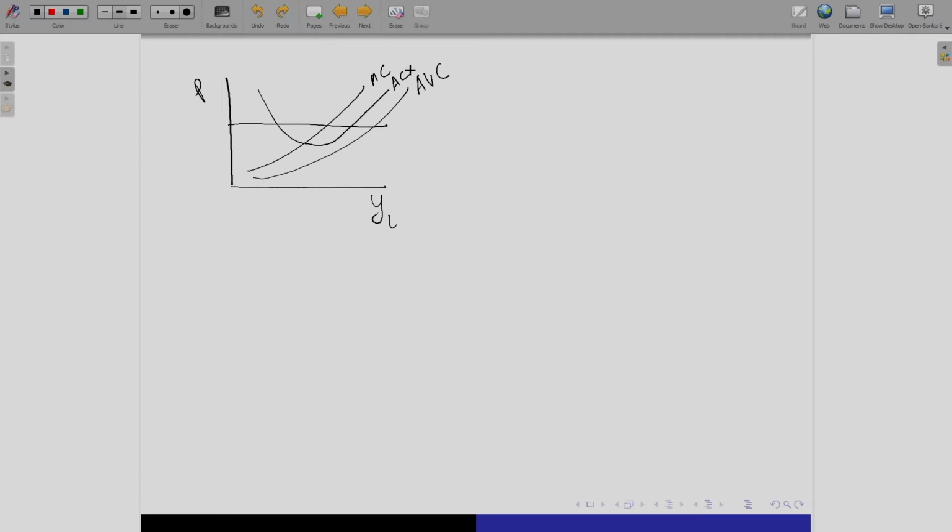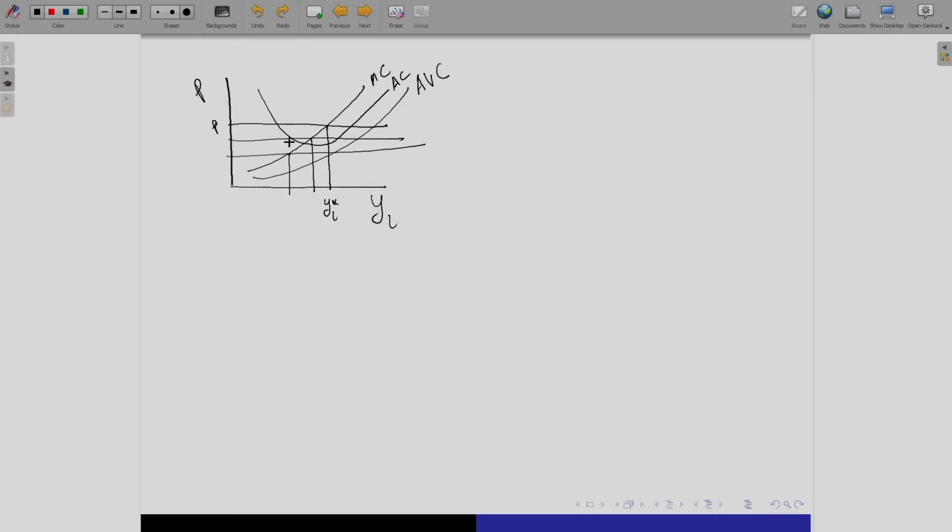Now here, from the last class, this is going to be the optimal amount of output produced by firm i. Suppose instead the price is this, then the optimal output is this. If the price is this, the optimal output is this.